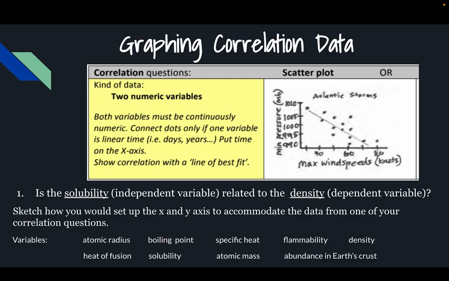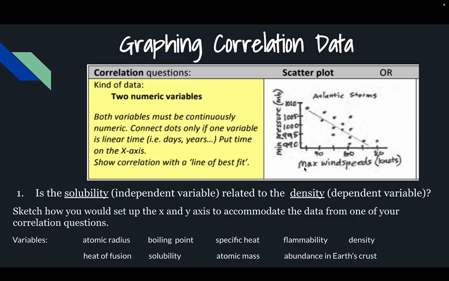Correlation questions are best answered using a scatter plot. A scatter plot has the independent variable, which is usually written first in your question, on the x-axis, and the dependent variable on the y-axis. So my example question here is, is the solubility, which is the independent variable, related to the density, which is the dependent variable written second?